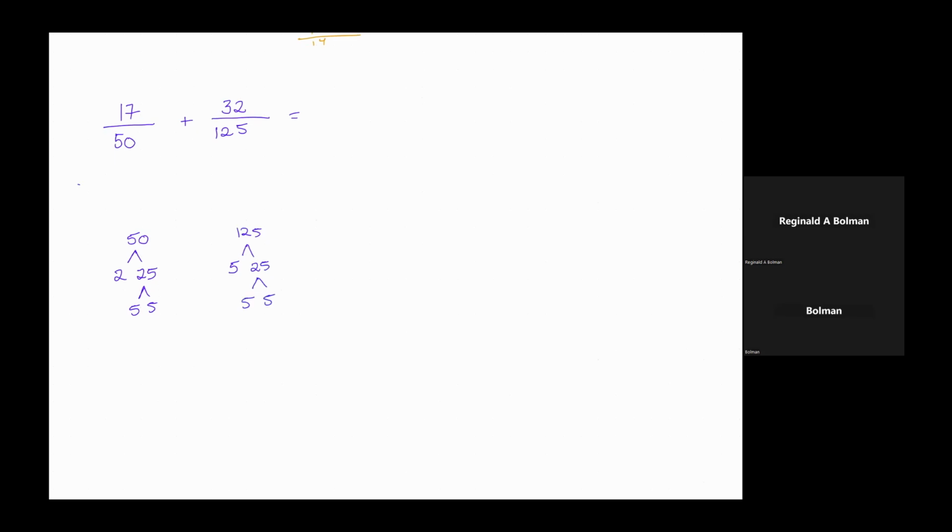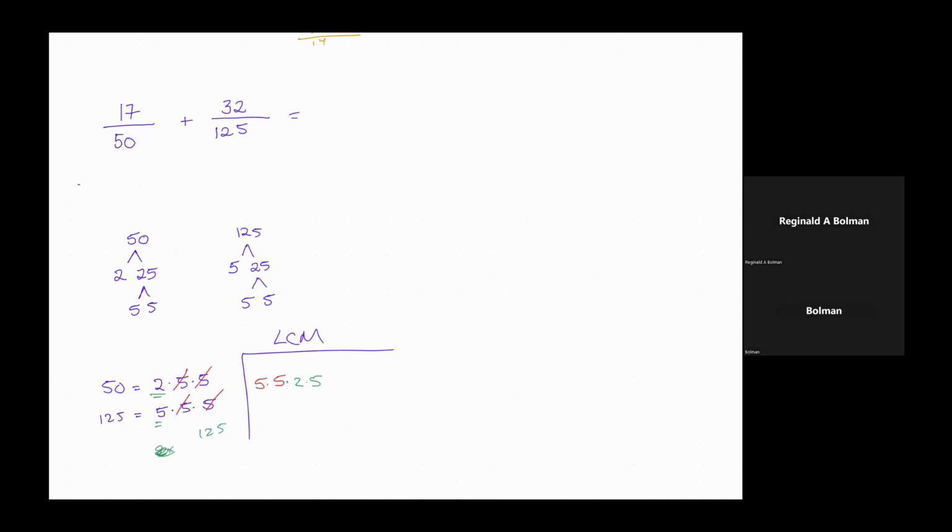And so, just stacking our prime factors up with each other, and then considering what happens now, you're going to see that you have a set of 5s in common, have another set of 5s in common, and all you're missing really is a 2 on the top and a 5 on the bottom. 5 times 5 is 25, times 5 will be 125, times 2 will be 2 times 125. Sorry.